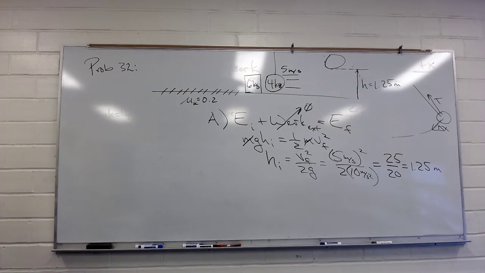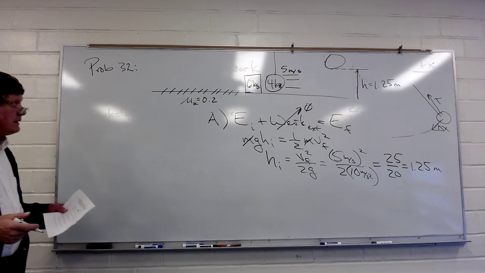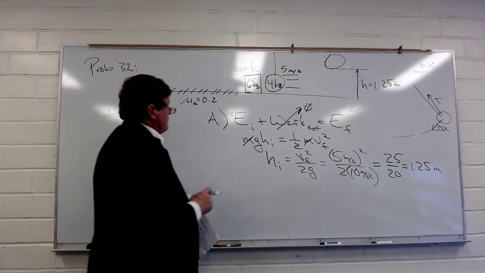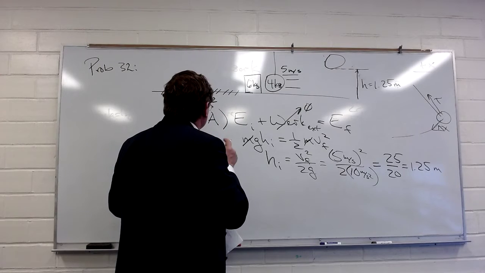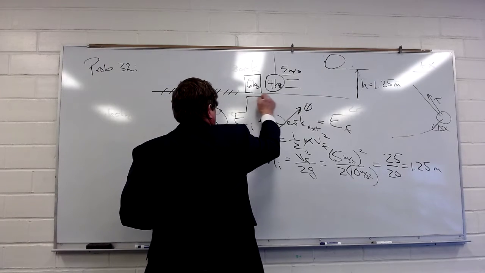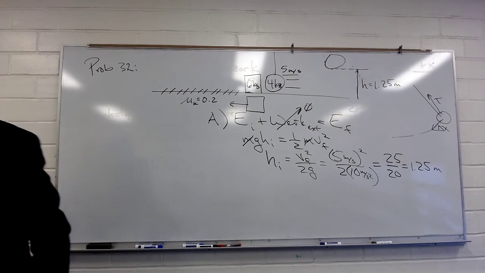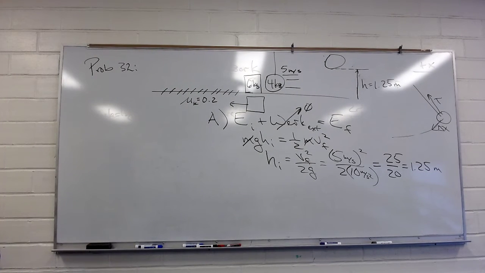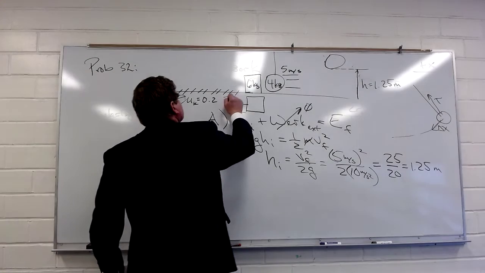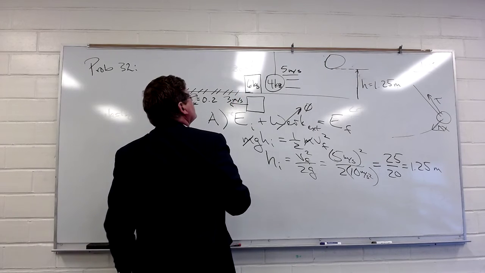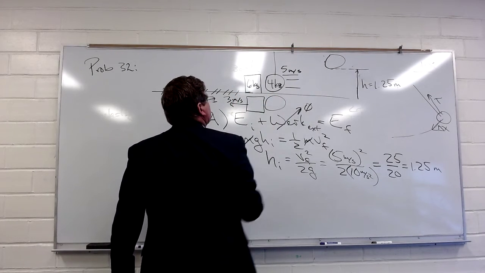Now in part B, we want to find the velocity of the bob right after the collision. And we're told that after the collision, this guy here, the block, is moving at 3 meters per second. And we want to know, what's that bob doing?